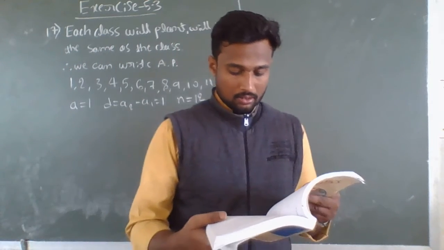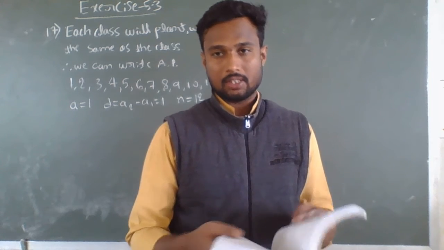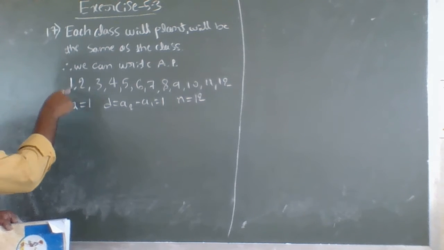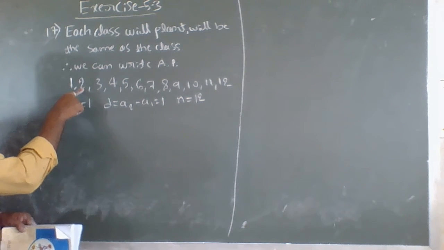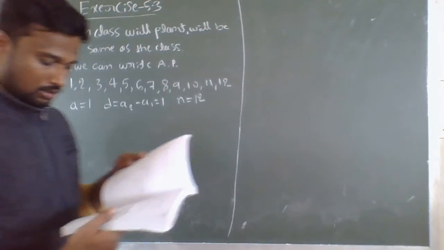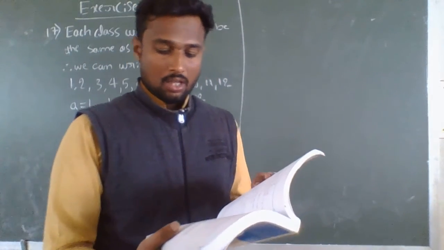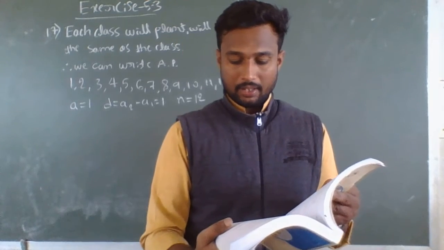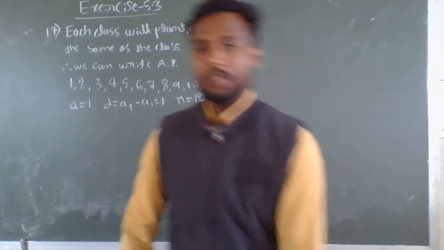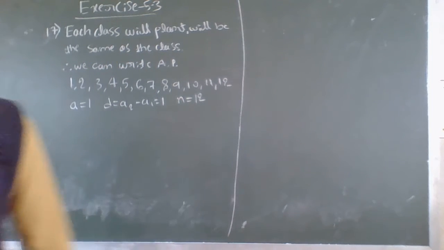There are 3 sections of each class. So here, class 1 has 3 sections, class 2 has 3 sections, like this for each class. So finally they are asking how many trees will be planted by the students.